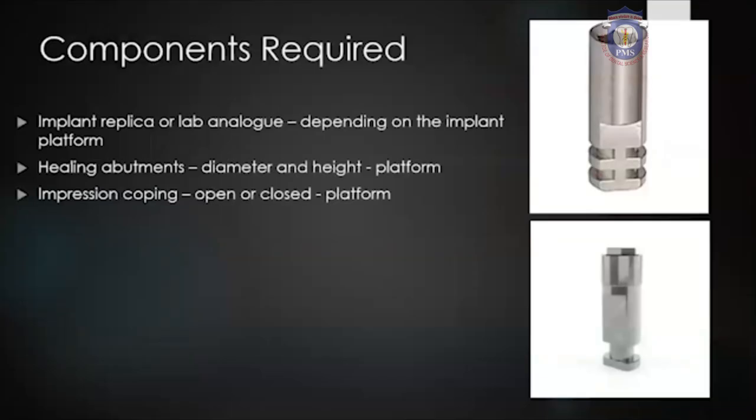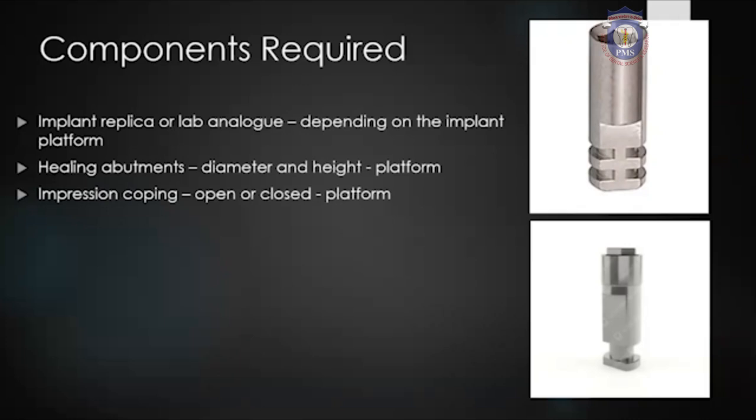So what are the components required for an implant level impression? You will need a few extra components, like we have already seen. We need an analog or an implant replica. An implant replica will always substitute an implant on the master cast. It would be in the same position as it is in the patient's mouth.